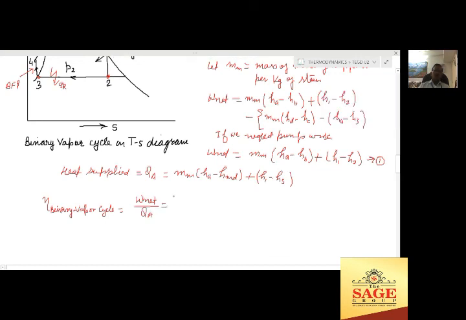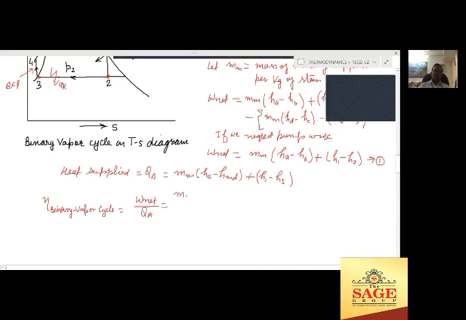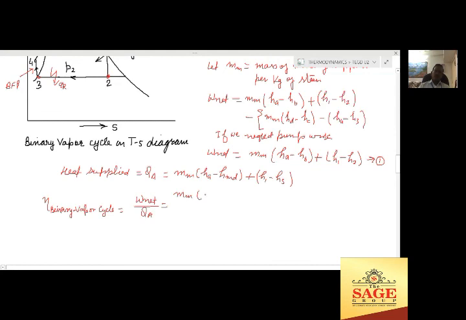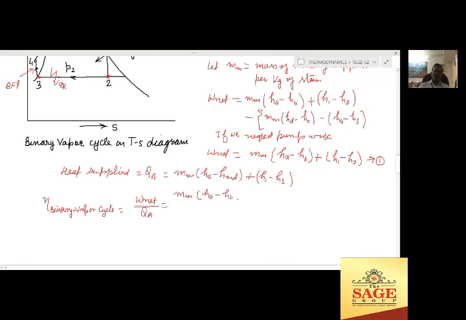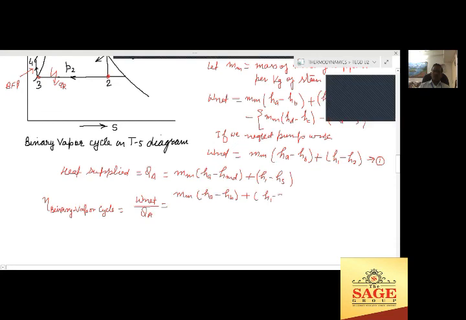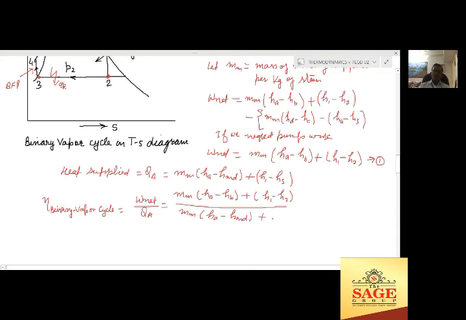So this is mm into HA minus HB, plus H1 minus H2, whole upon the heat supplied, which is mm into HA minus HD, plus H1 minus H5.